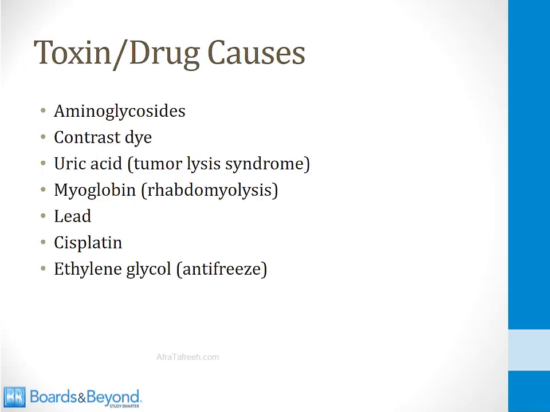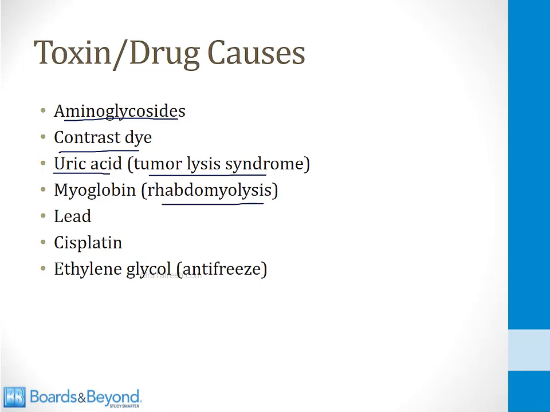Some of the toxins and drugs that can cause tubular necrosis are listed on this slide. So aminoglycosides are famous as antibiotics that have renal toxic side effects, and they can cause ATN. Contrast dye that's administered for CT scans can cause ischemic ATN. Uric acid pours out of cells in the tumor lysis syndrome, and this can cause ATN.